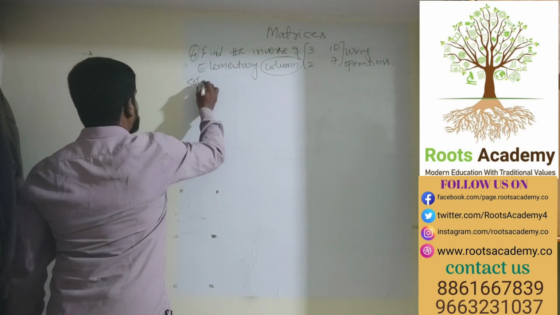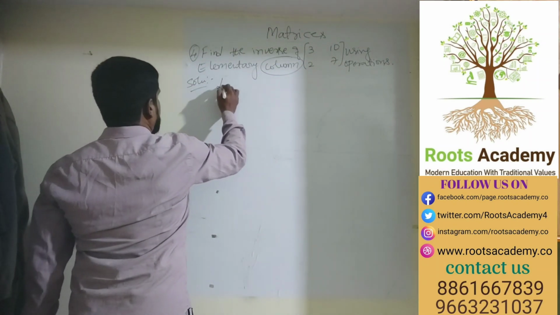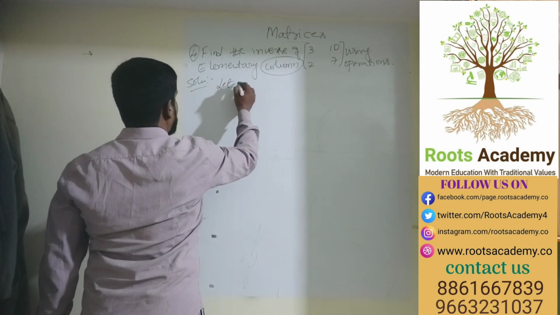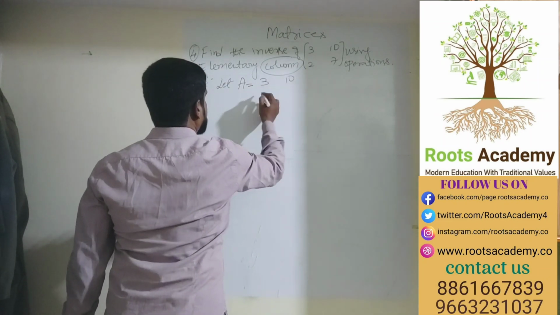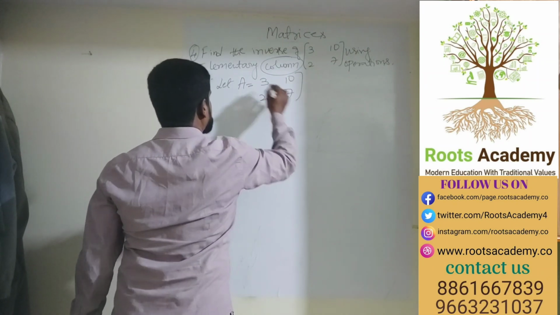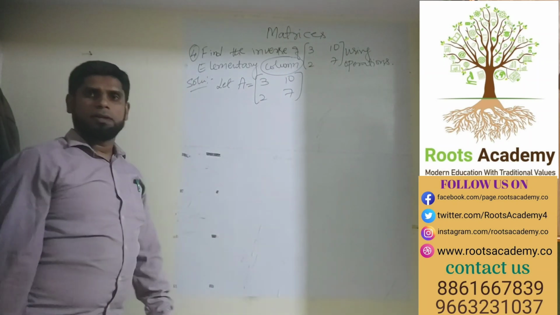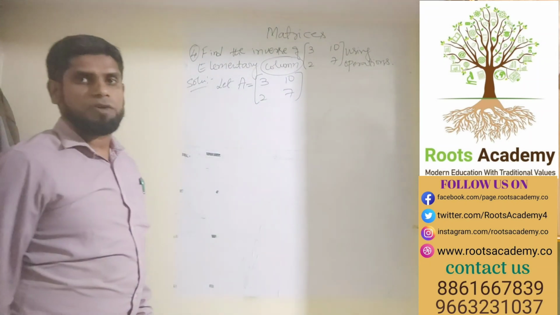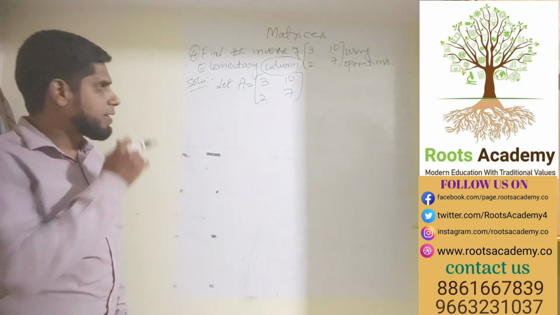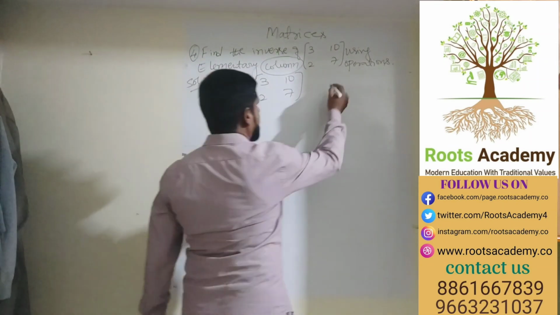So solution, let A equals 3, 10, 2, 7. Now student, in column operation we will not follow the U-shape pattern, but we will follow this pattern.